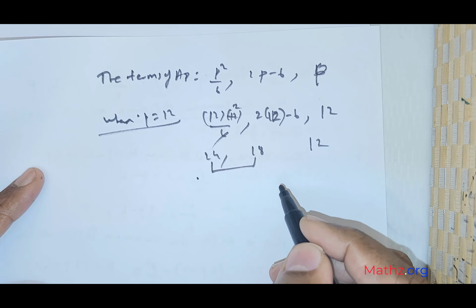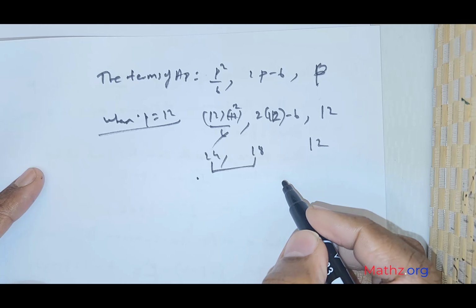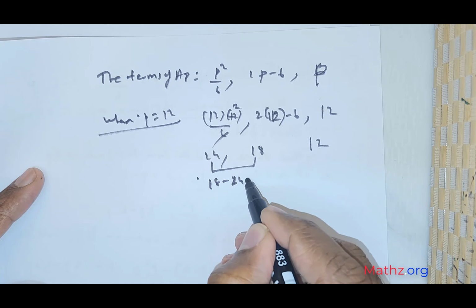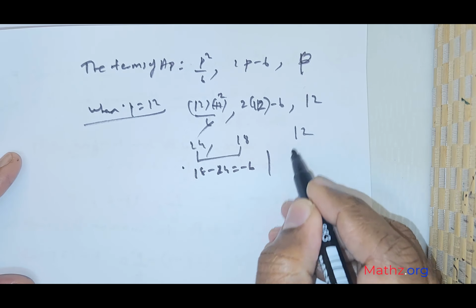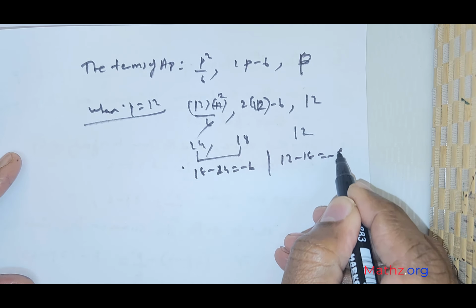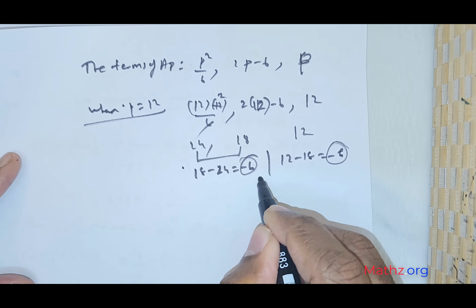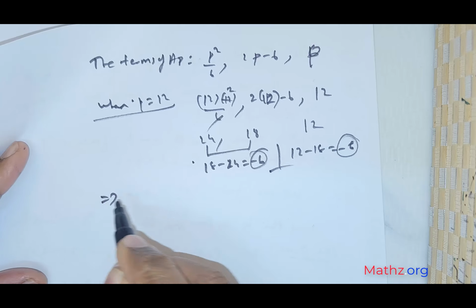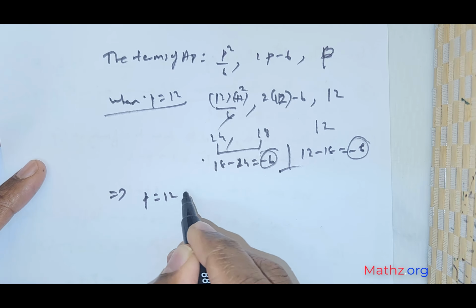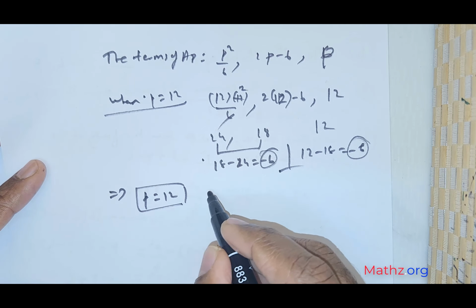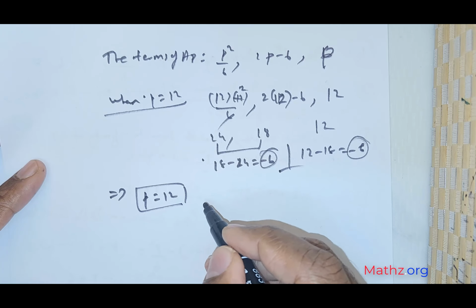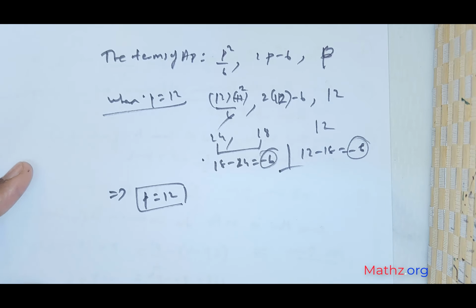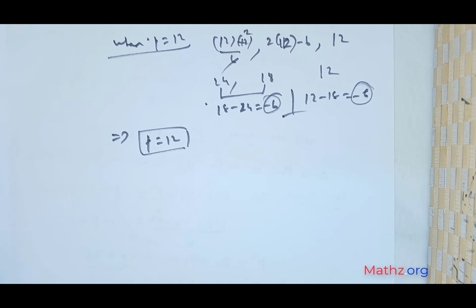So you see the common difference: 18 − 24 is −6, and 12 − 18 is −6. So the common difference is not equal to 0. So this means p is equal to 12 is the value that is actually true for us.